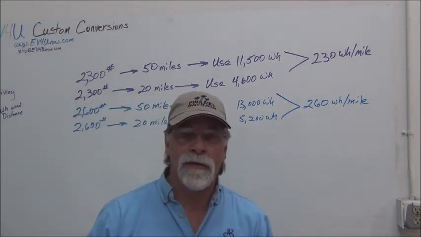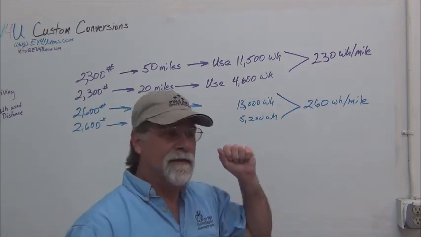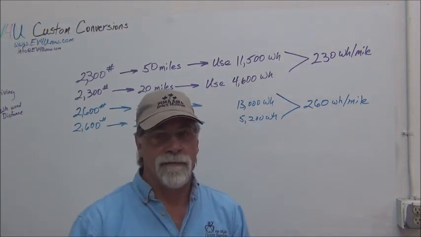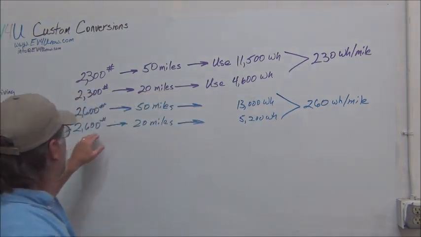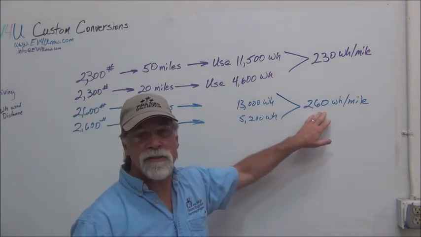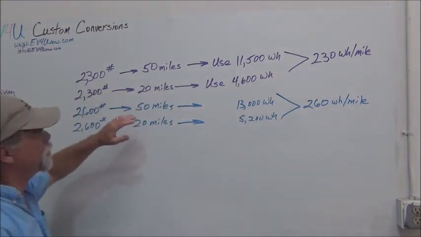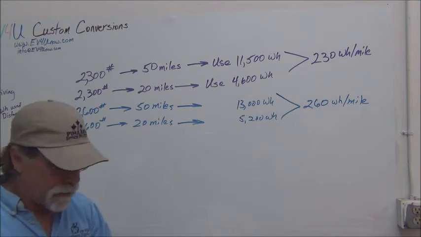What we had to do was we had to do enough of this and record the type of driving, the energy consumption and everything to find an average. And we would find that our average for this car at 2,600 pounds was 260 watt hours per mile. We found that on a 2,300 pound, it was 230 watt hours per mile.